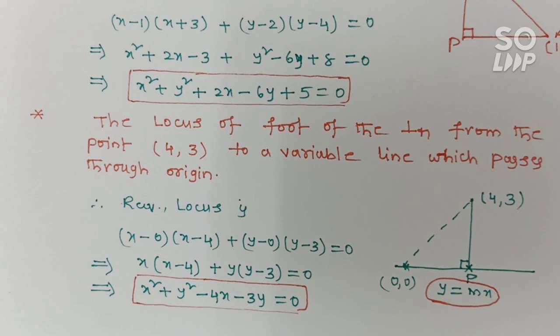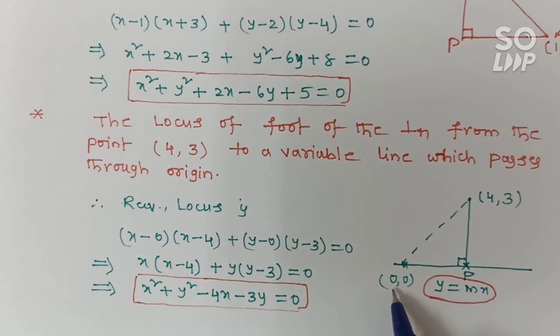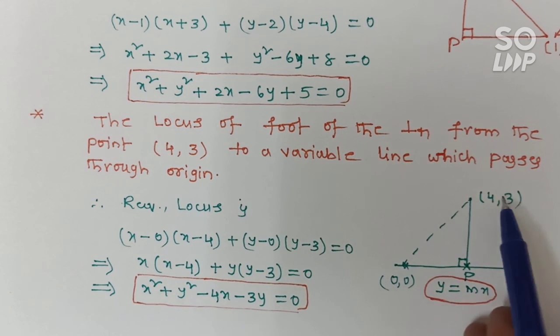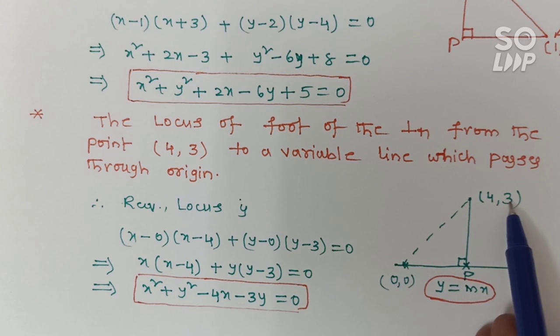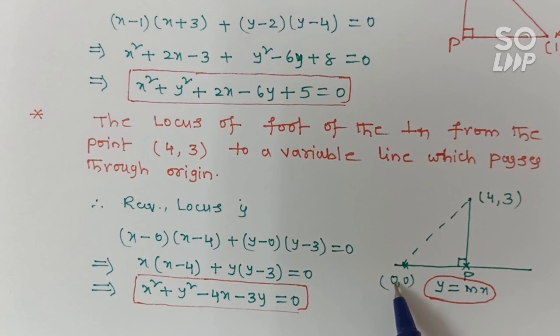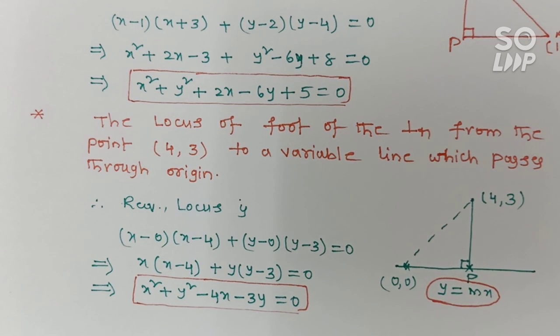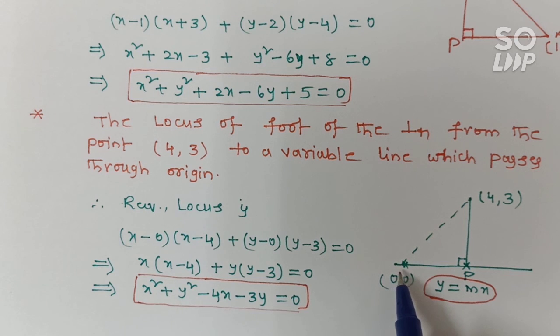Suppose instead of the origin, the locus of the foot of the perpendicular from the point 4, 3 is to a variable line which passes through 2, 5.